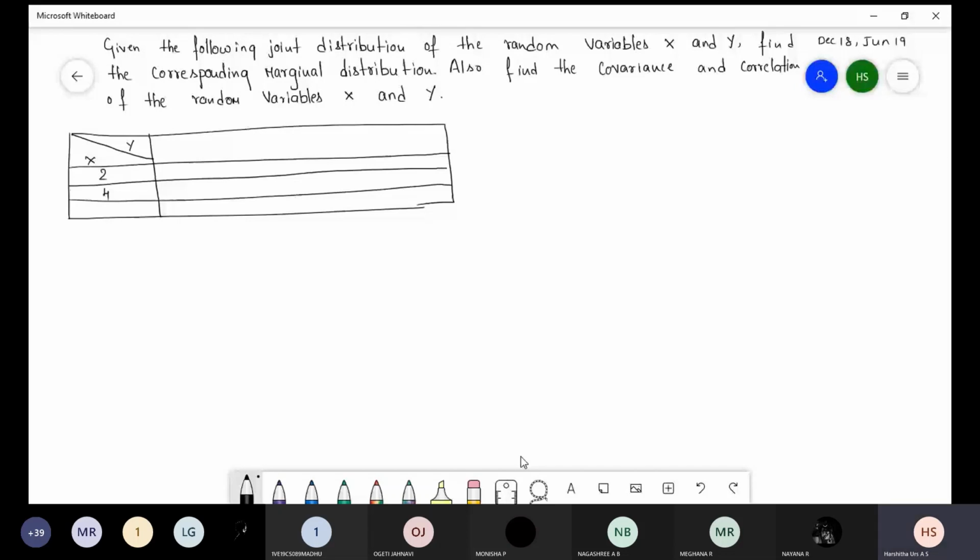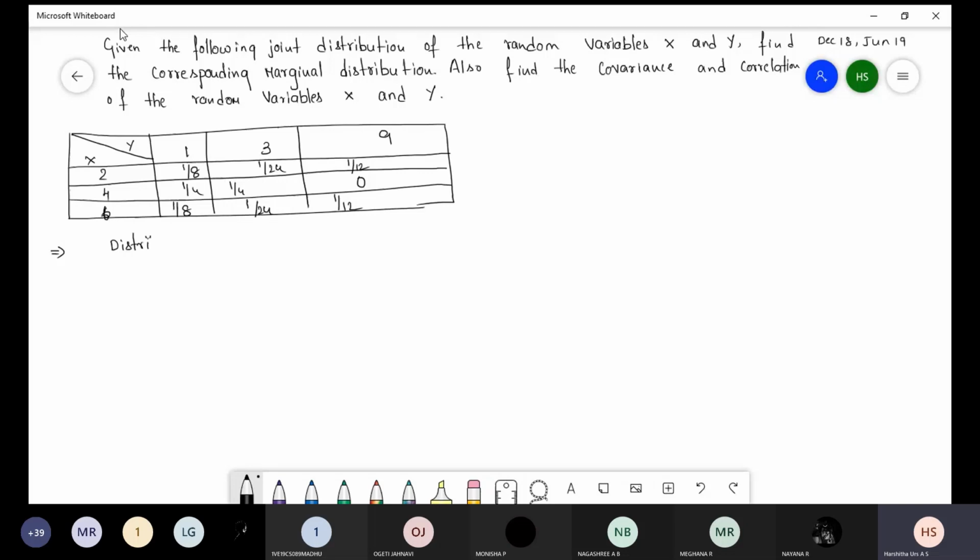The values are 1 by 8, 1 by 24, 1 by 12, 1 by 4, 1 by 4, 0, 1 by 8, 1 by 24, 1 by 12. This is the table. From this table, we have to write the marginal distribution of x and also of y. So here, write the solution.